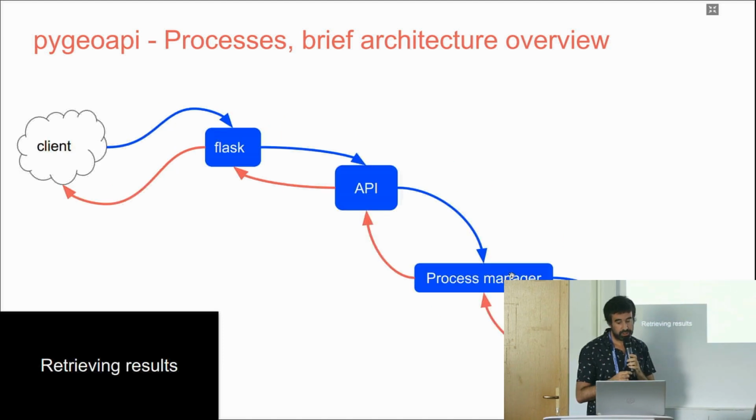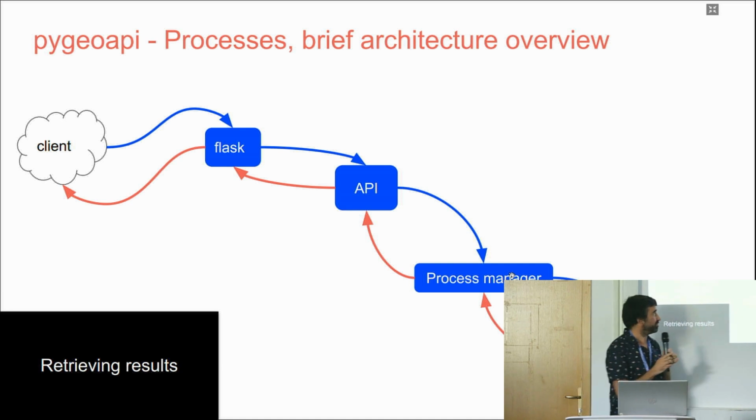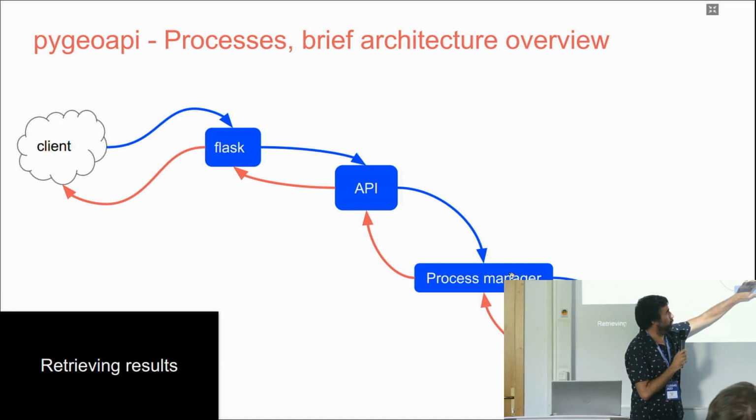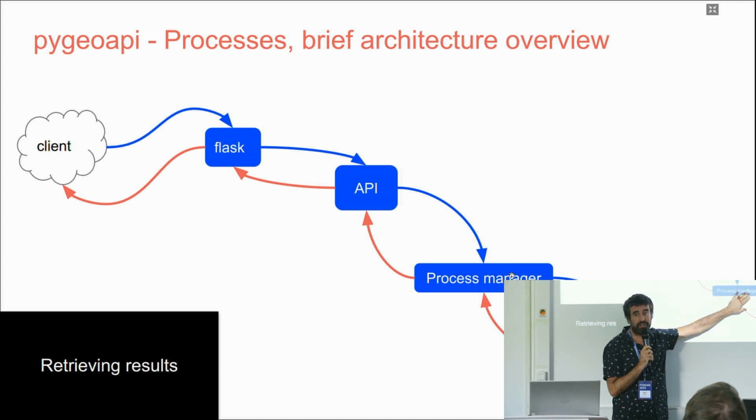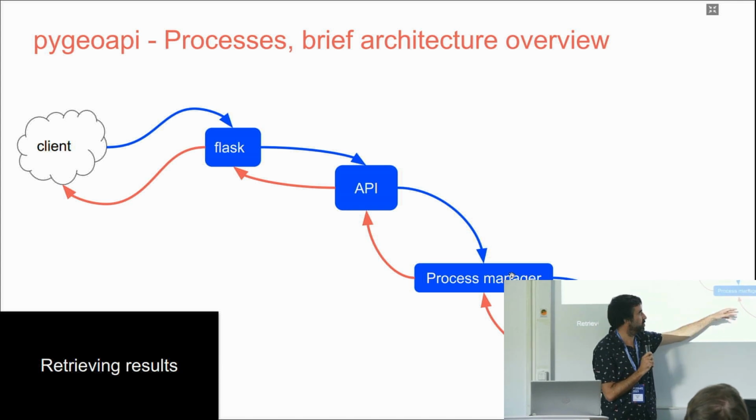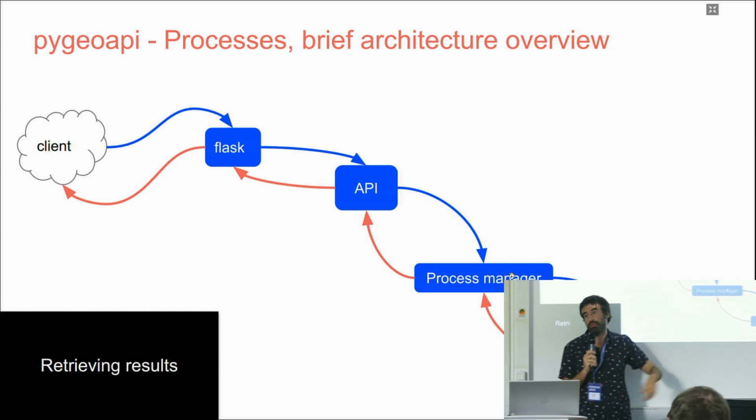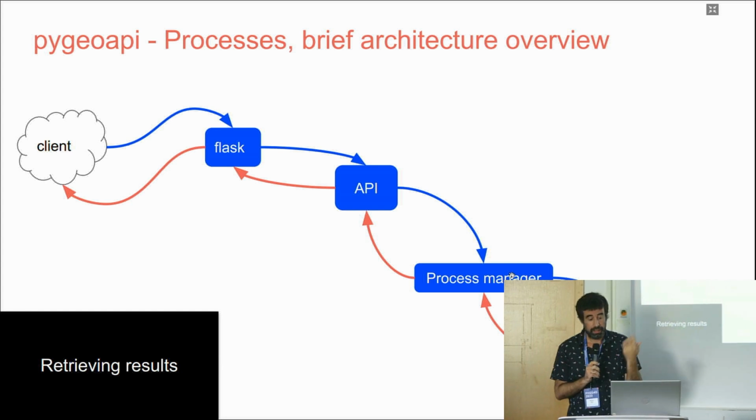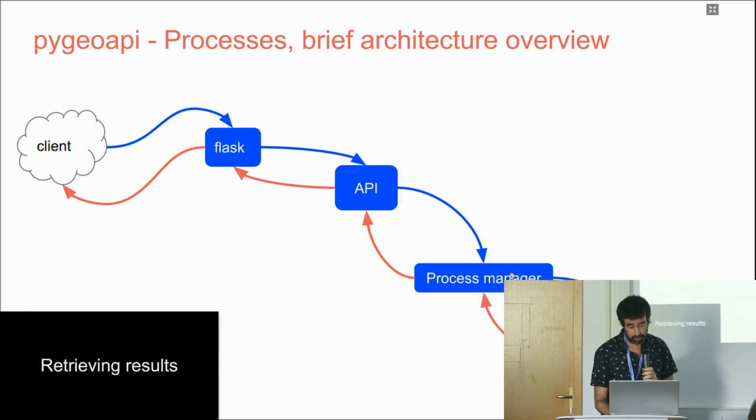When we are querying for the results, it's similar. We still go to the process manager, and the process manager is responsible for getting the result from wherever it is stored and giving it back upstream, to whoever is calling it.